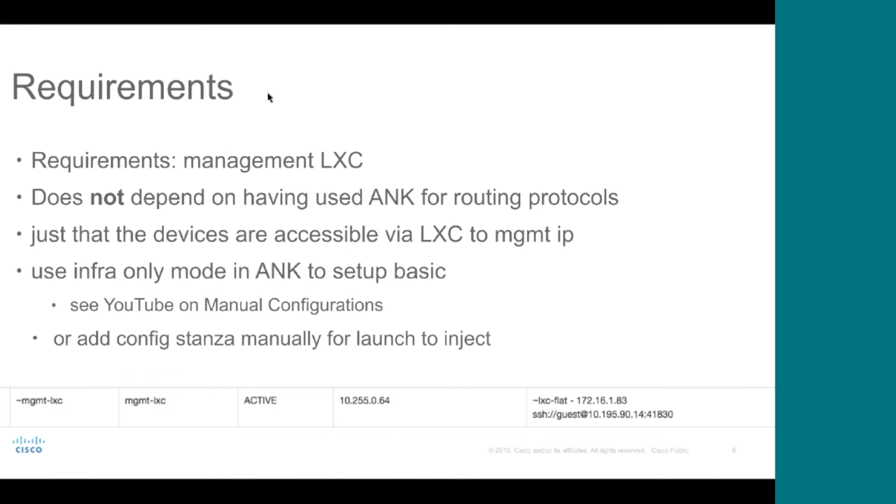There's a nice tutorial up on YouTube that Joel put up the other week about the manual configuration, showing that you can have a configuration where he wrote all the IP addressing and all of the routing protocols by hand, and we can still use the live visualization as long as we can log into the device. So there's some more information on the YouTube channel in that video there.